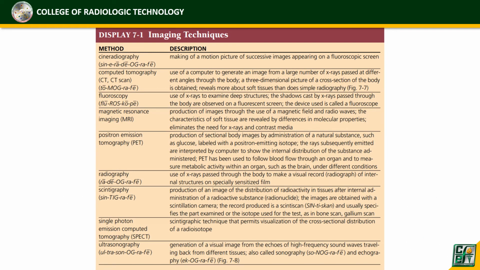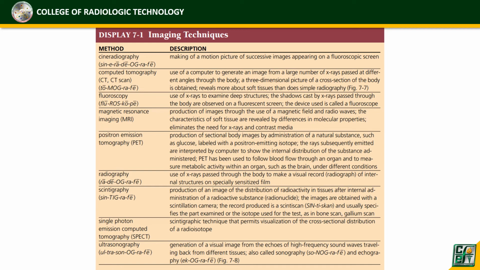Okay, so now we move to the different imaging techniques. So we have the cine radiography. Cine means moving or motion picture. Radiography is the process of making images by use of radiation.